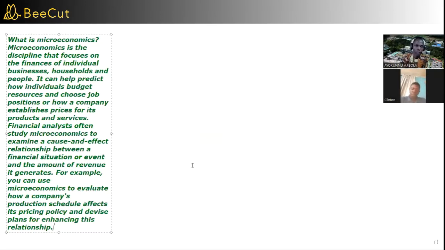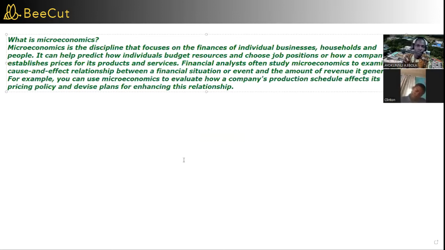Microeconomics is the discipline that focuses on the finances of individual businesses, individual households, and individual people. That is just the definition.